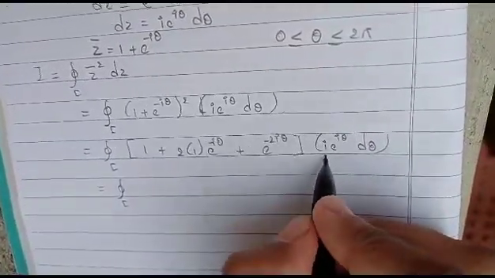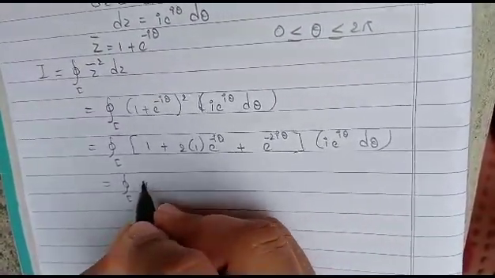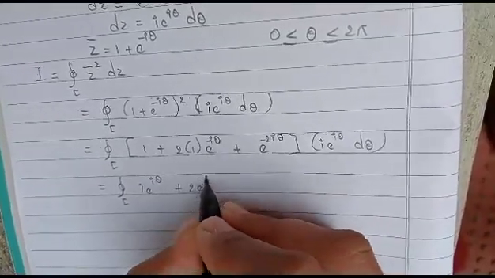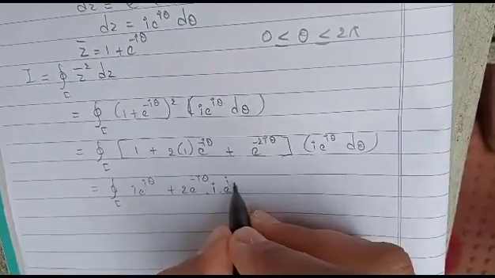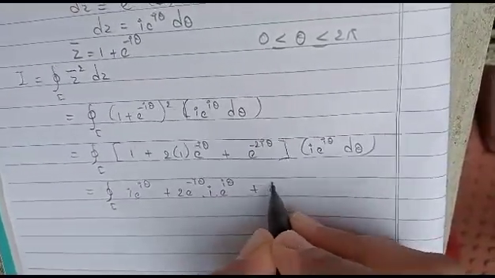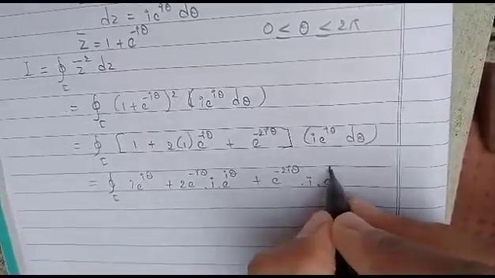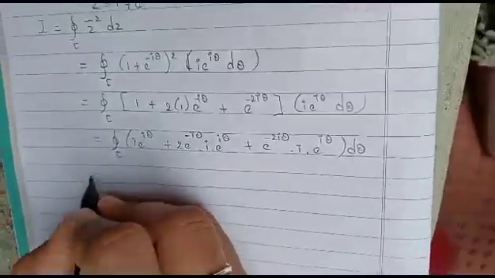See, let us multiply i e power i theta to this. It becomes i e power i theta plus 2 e power minus i theta into i into e power i theta plus e power minus 2i theta into i into e power i theta whole into d theta.